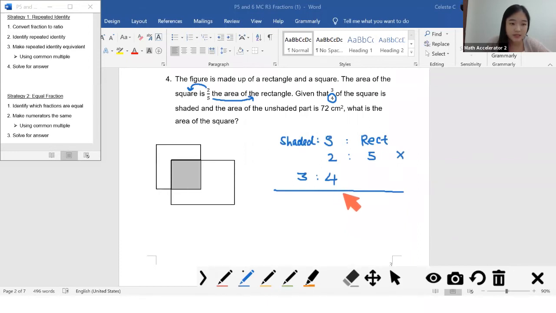Okay, some say 8, some say 4. Okay, it should be 4 because you're using the first common multiple, the lowest one. Right, so you just times 2 here, you can get 4 and it will already be equivalent. So 3, 4, and 10.